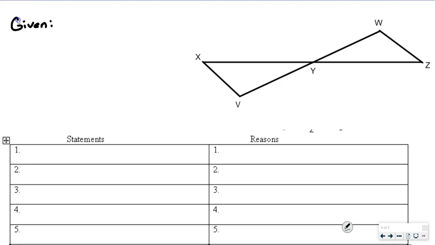Y is the midpoint of segment XZ. And let's see, XV is congruent to ZW.